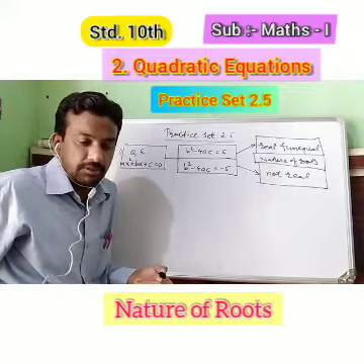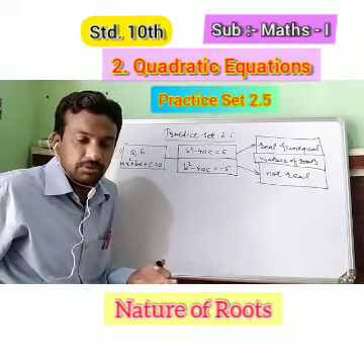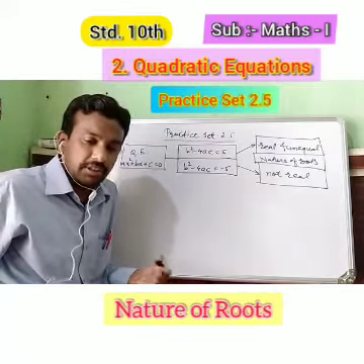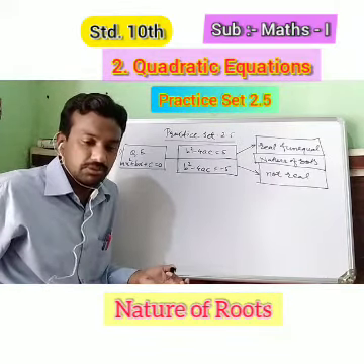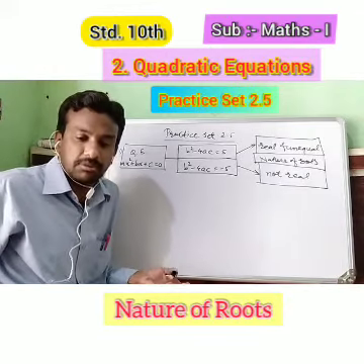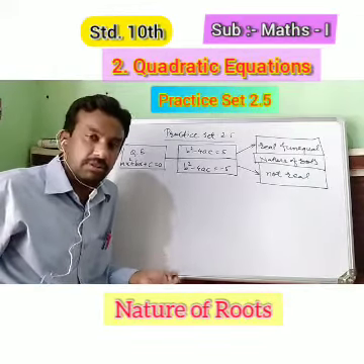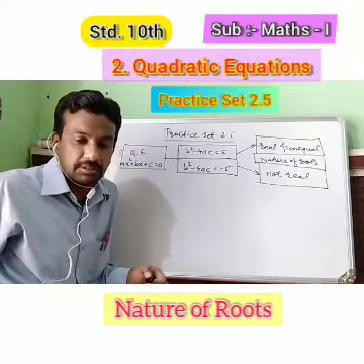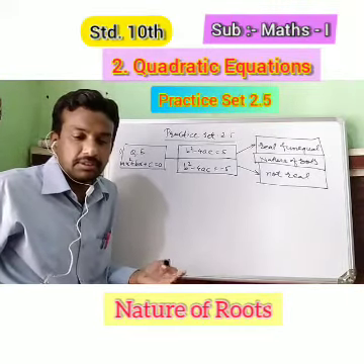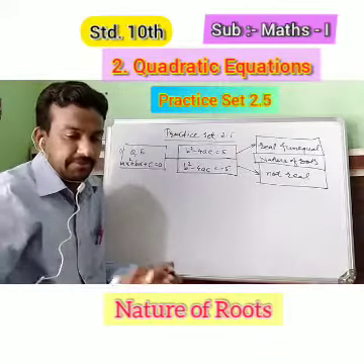These are two formulas for the relation between roots of the quadratic equation and coefficients. Sum of the roots is minus 7 and product of the roots is minus 5, it is given. We have to form a quadratic equation using these two conditions.